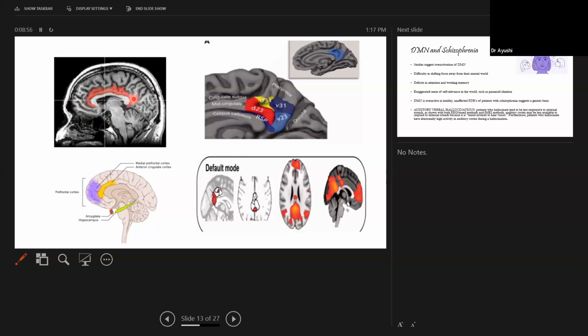Cerebral blood flow and metabolic rate in the posterior cingulate cortex is approximately 40% higher than the average brain, which signifies extensive connectivity of various networks from the PCC. And the other region, here we can see the precuneus. It lies just above the posterior cingulate cortex in the medial cerebrum, and it depicts the superior parietal lobe.